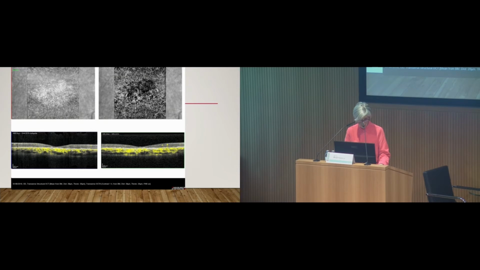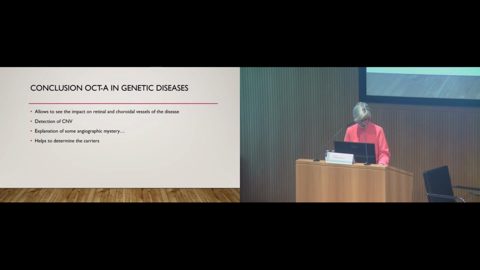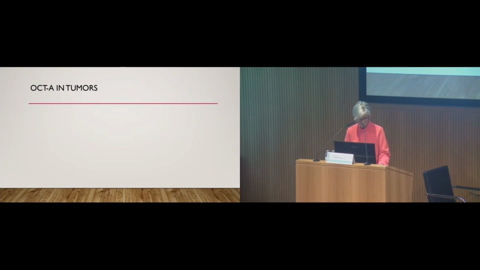It's more important in Stargardt than in AMD atrophy, like in this case. So in genetic disease, OCTA allows us to see the impact of the disease on retinal and choroidal vessels. It detects the CNV. It gives an explanation of some angiographic mysteries and helps to determine sometimes the carriers.